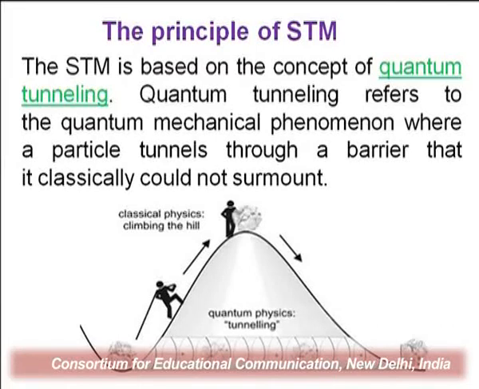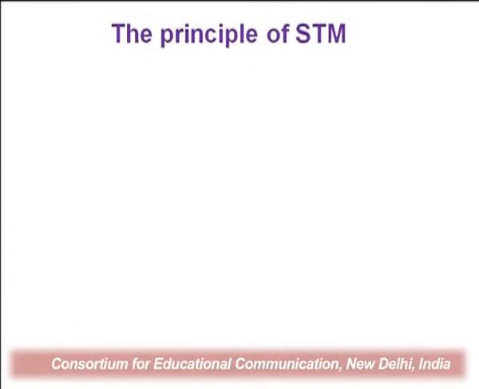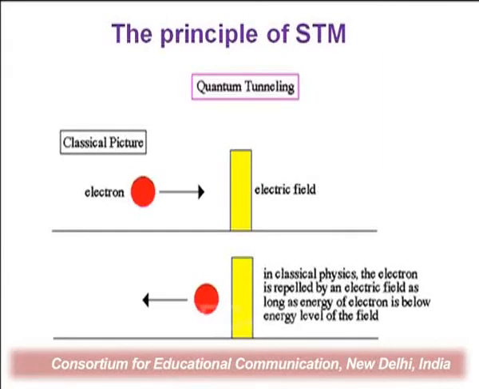The scanning tunneling microscope is based upon quantum tunneling and uses the quantum tunneling effect to tunnel the electron and scan the surface by using the tunneling effect. Here we see that in classical mechanics, if an electron passes through an electric field, it will return.